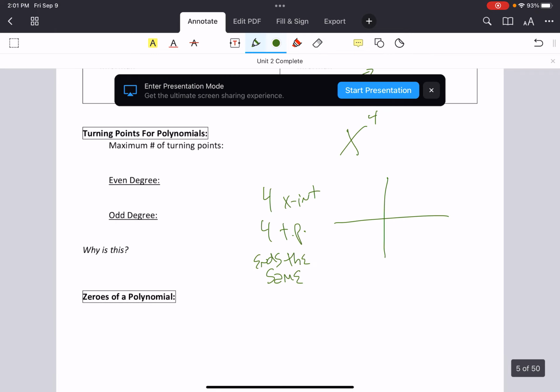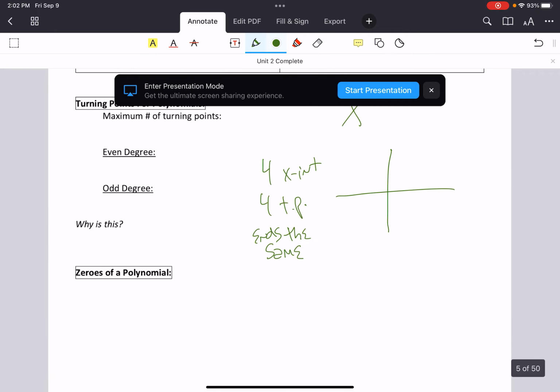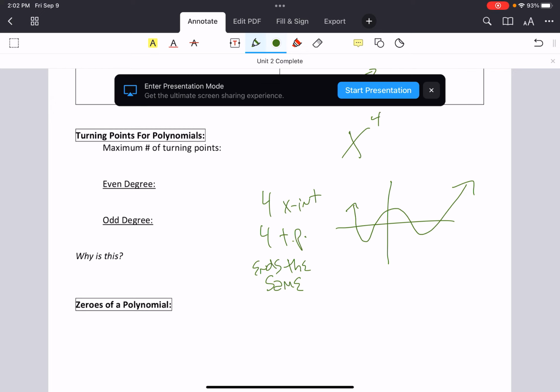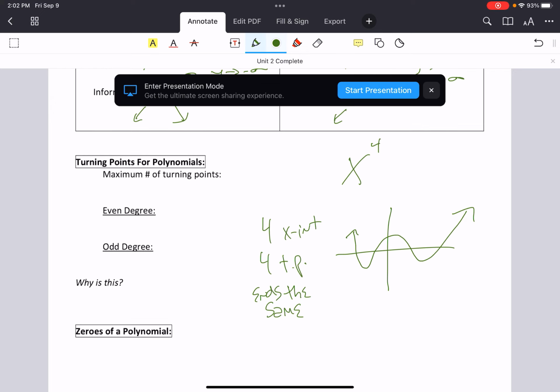But if you got 4 x-intercepts, how many turning points did it have? 3. Okay, find me a pattern. What's the rule for turning points? One less. Yes, one less than the degree. Good job. The maximum number of turning points is always one less than the degree.